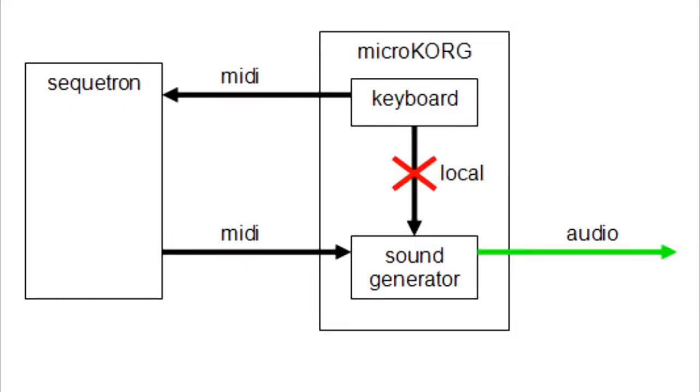Now this lets me connect Sequetron to both the input and output of the microKORG, which effectively inserts it between the two sections. Now this trick applies to many other self-contained synths or electric pianos, although the Korg EMX1 does not appear to have a local off option.